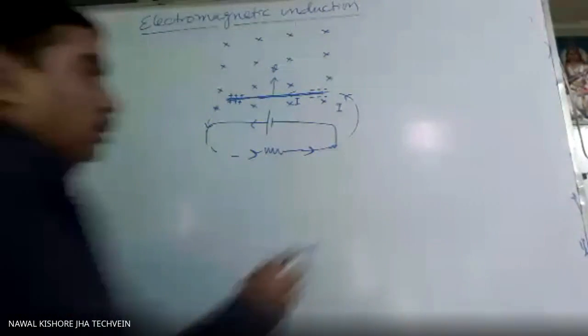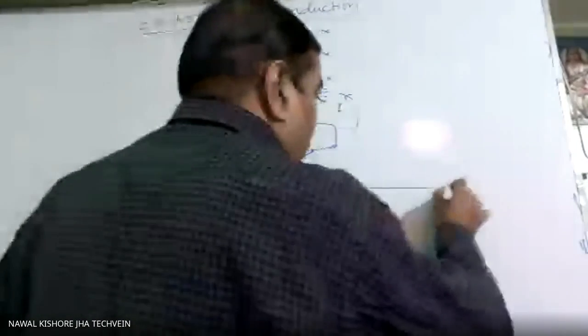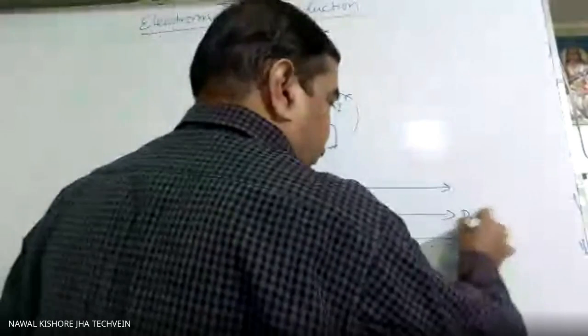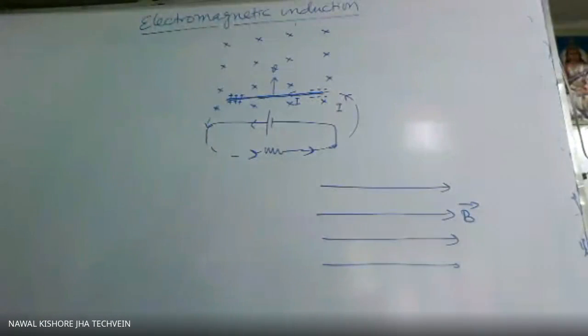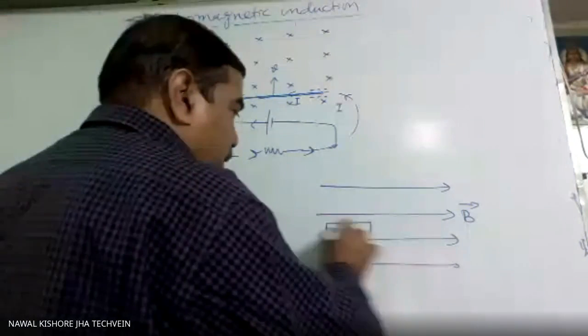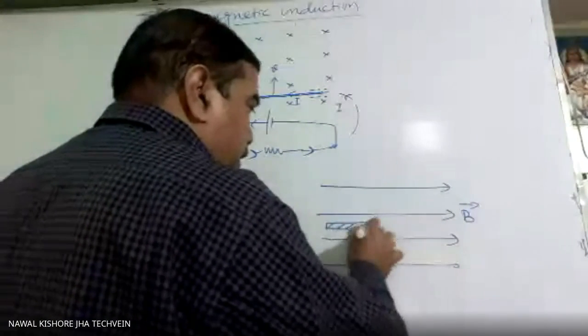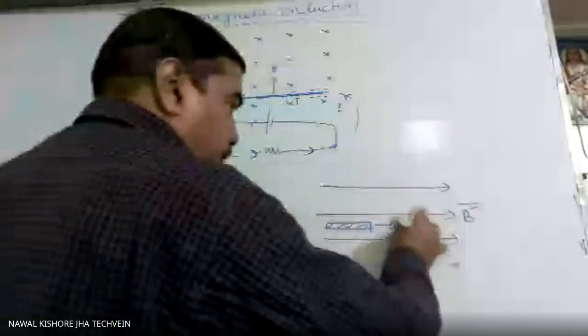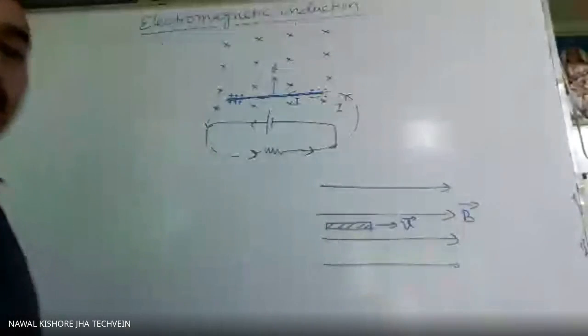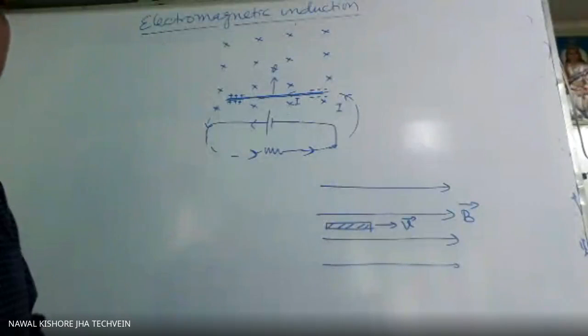Now, suppose this is magnetic field, and there is a conductor which is moving in the same direction. How much EMF will be induced?